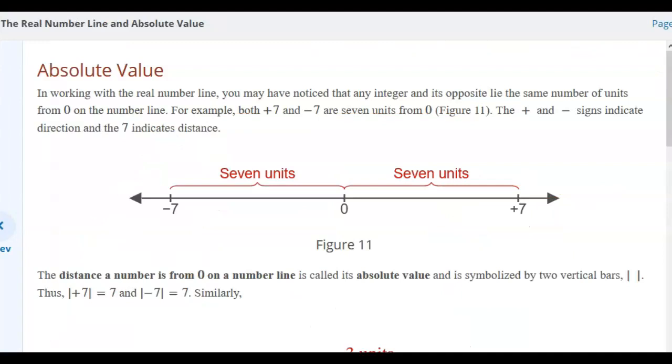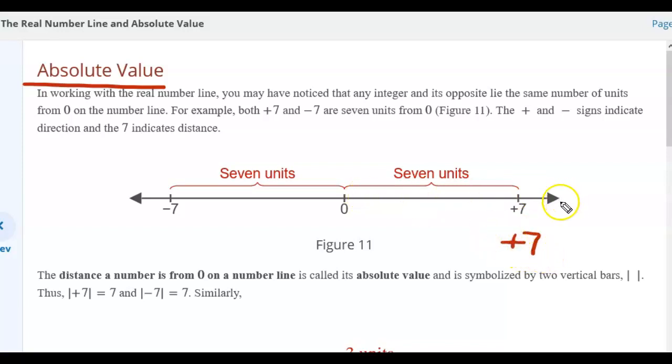Now our last topic here is absolute value. You want to write that down. Now what is absolute value? Well, it refers to the number line and the distance something is from 0. Now if we look at a positive 7, how far in counting numbers is that from 0?